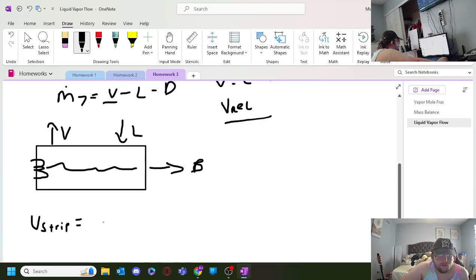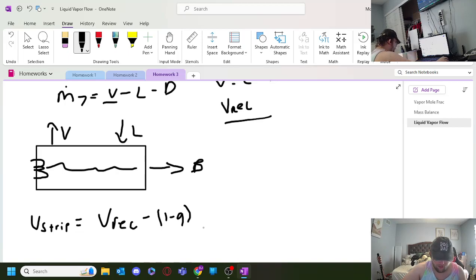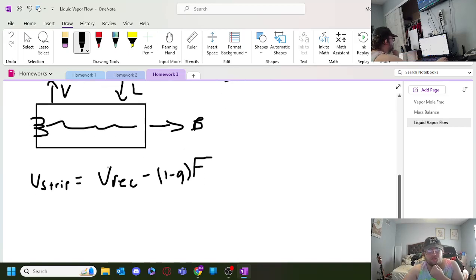We go here, it is V rec minus 1 minus Q, because Q is the percent of liquid in the feed multiplied by the feed flow rate. And then that is what's going to get us our stripping vapor flow.